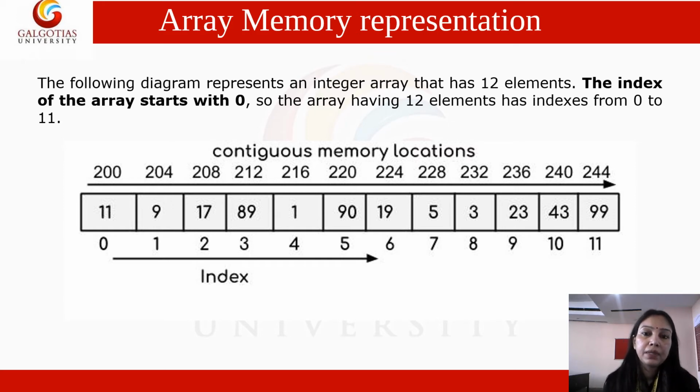So see, integer has size 2 bytes. So the first element will occupy 2 bytes. Suppose the address of the first element is whatever address is given by the compiler to our array. Suppose I'm giving just a random number: the address of the first element of the array is 100, right?